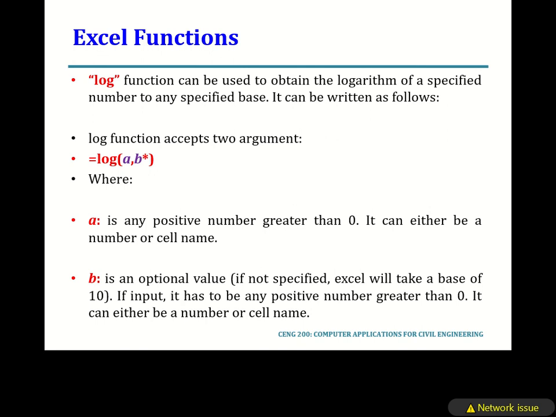Okay, clear? So without b, it will just give you the log to the base of 10. If you don't put the value of b yourself, it will use the default base of 10. If you put the value of b, it will take the log to that base. Okay, working?